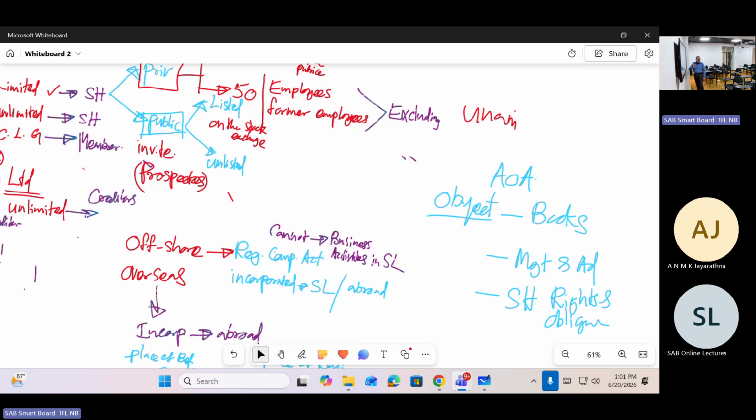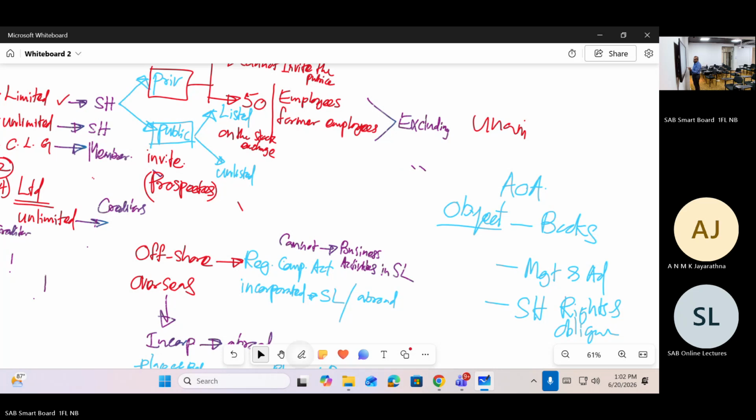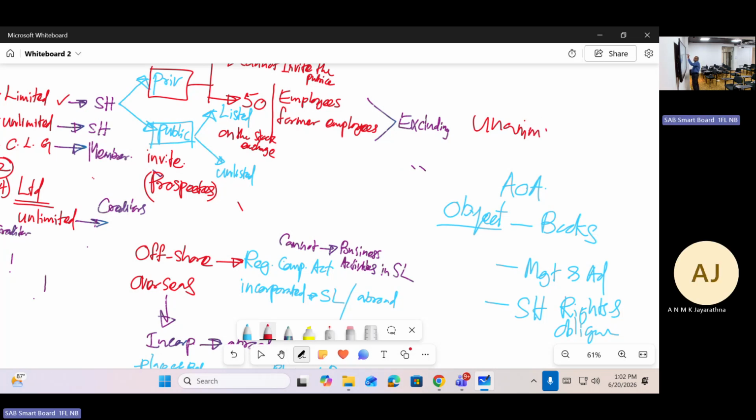By way of unanimous agreement, shareholders can make any decision, even though it is not compliant with the provisions contained in the articles.